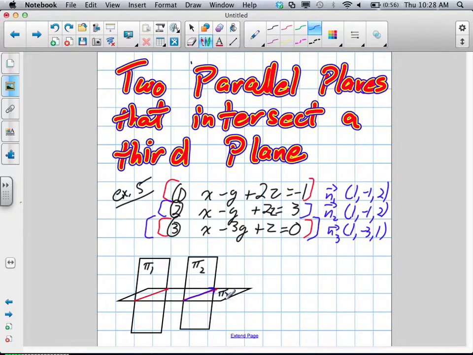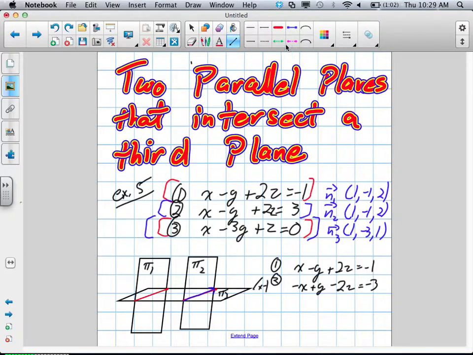But in this one, we know it's going to be inconsistent. So if the question just asks us for where the 3 are going to meet, we know they're not going to meet. And algebraically, we could represent this. If we take equation 1, x minus y plus 2z equals negative 1. And we take equation 2 and just multiply it by negative 1. So we have negative x plus y minus 2z is equal to negative 3.